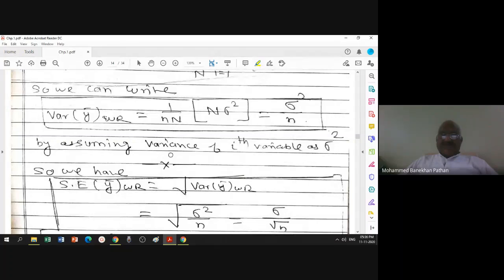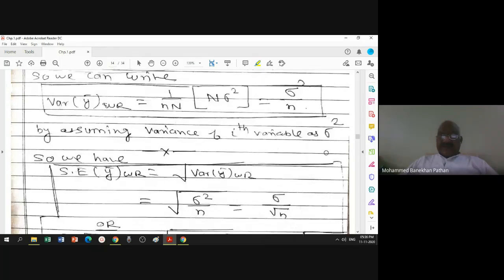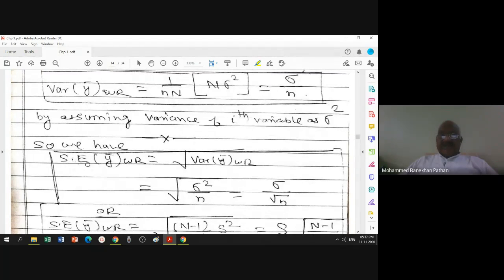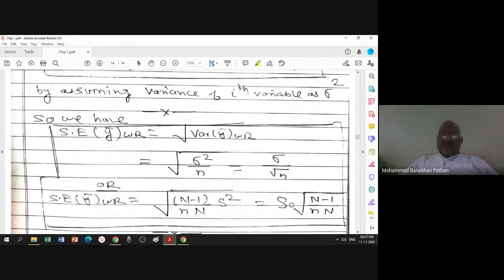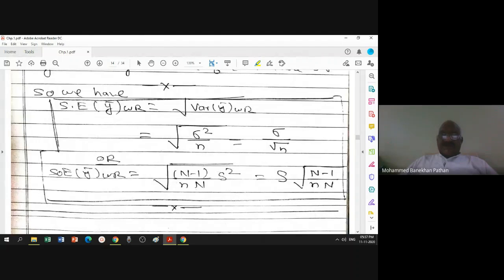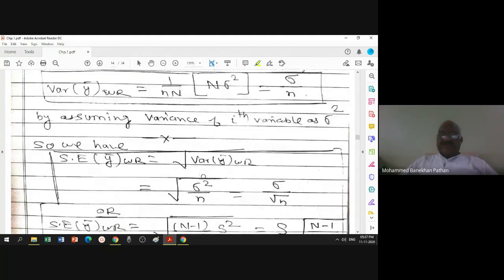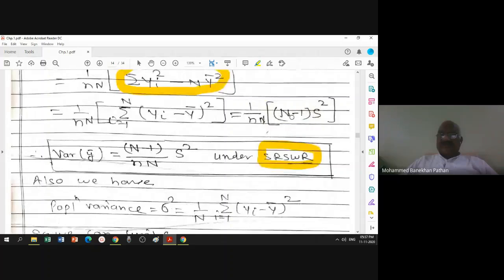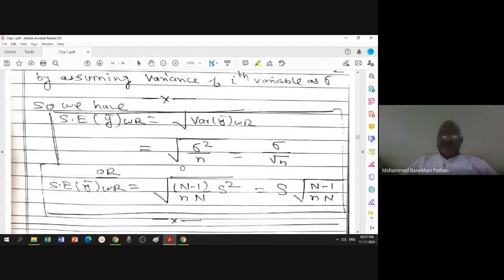By assuming variance of ith variable sigma square, we have standard error of y bar is the root of variance of y bar. So just take a root of this quantity: sigma by root n. Or if you want to write in terms of S square, standard error of y bar with replacement is the root of the variance that we developed. Take the root of this, that is called standard error.